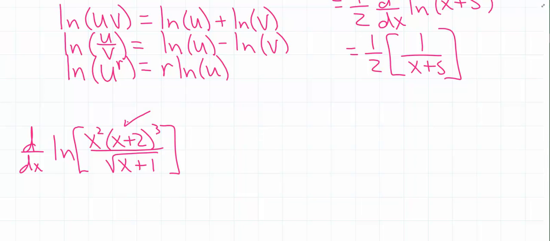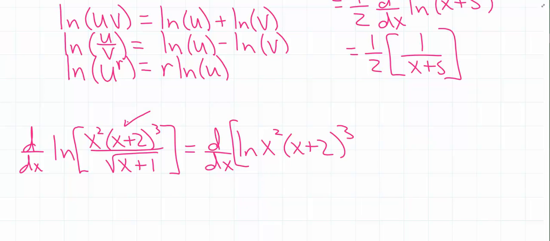Okay. So here's what we want to do. Before I differentiate, I might want to break this down a little bit and say, okay, this is going to be the log of x squared times (x plus 2) cubed, minus the log of (x plus 1) to the 1/2. So far, all I've done is use that property of quotients, right?